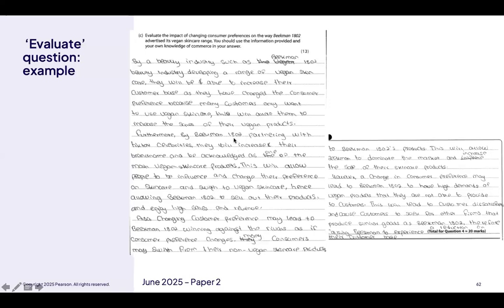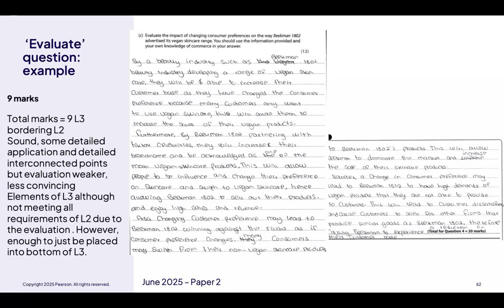Furthermore, by Beekman 1802 partnering with TikTok celebrities, they will increase their brand name. This will allow people to. So this is certainly well contextualized. Hopefully you picked up on that, and hopefully you picked up on some good link strands of development also.